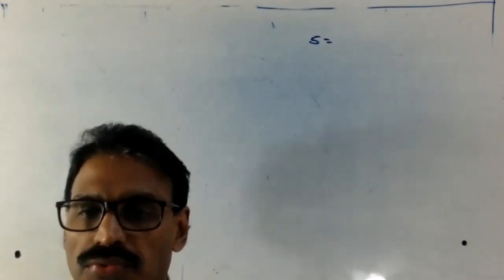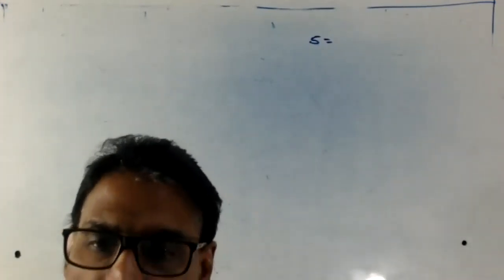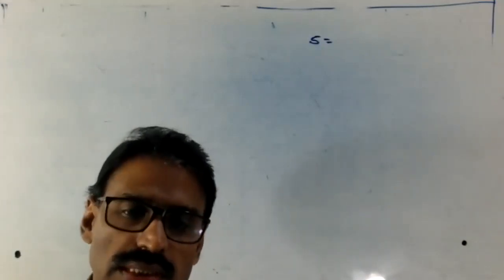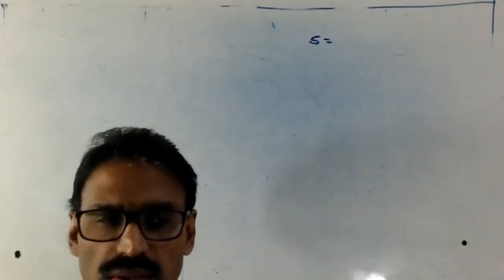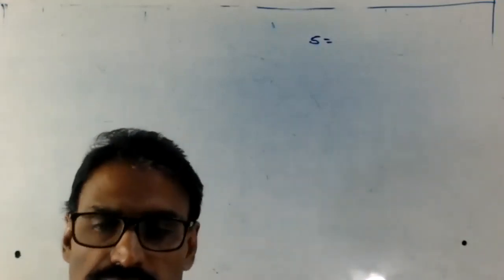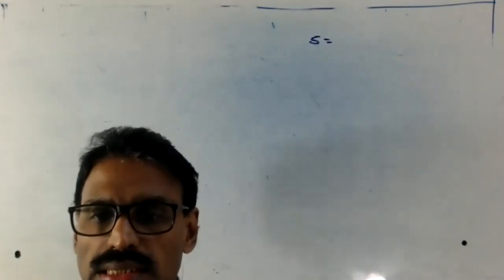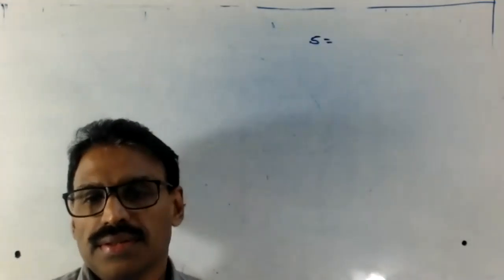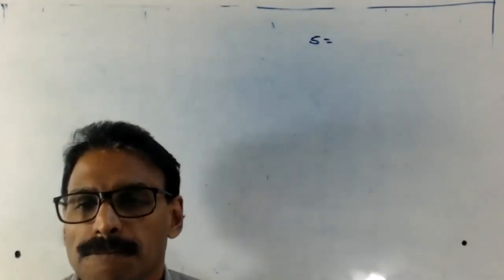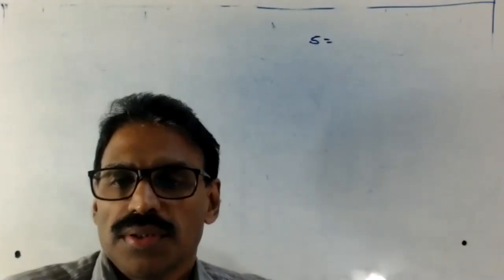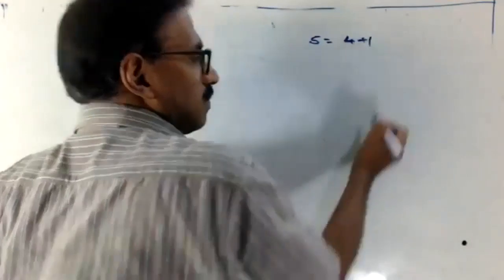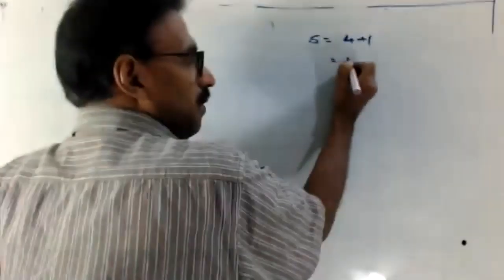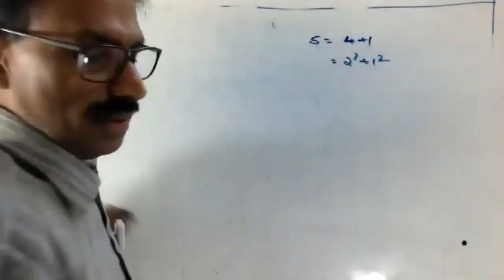Which are the perfect squares? 1, 4, 9, 16, 25, 36, 49, like that. So 5, what can you write? Is it 2 plus 3? Is 2 plus 3 possible or not? No. So we can write this as 4 plus 1, which is equal to 2 square plus 1 square.